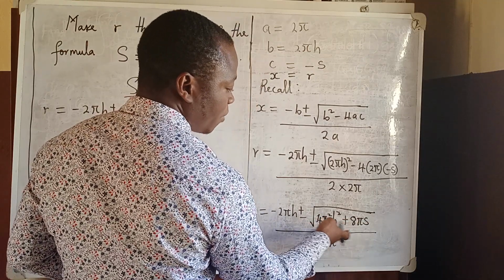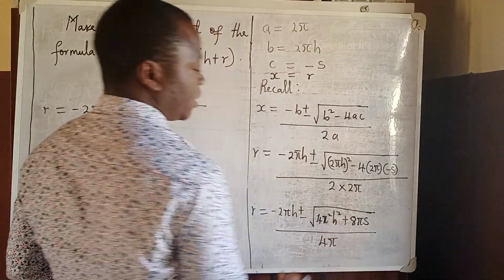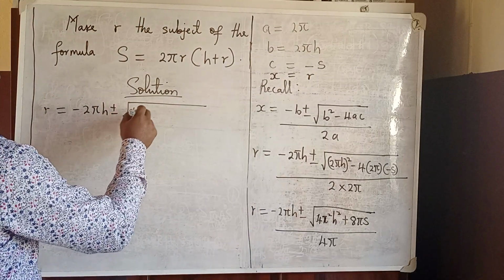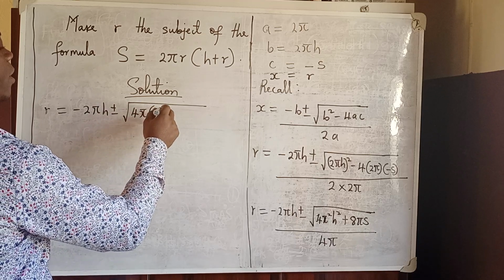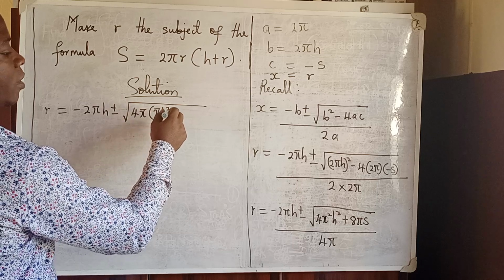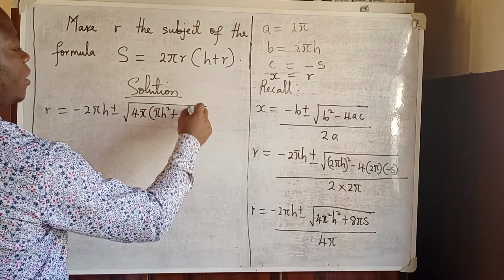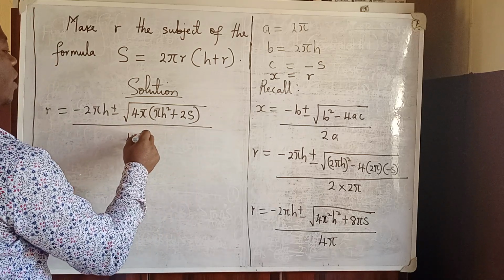We have 4 here, we have 4 here. We have pi here, we have pi here. So 4 pi is common, so we can factorize that. That would be 4 pi into pi h squared plus 2s, all over 4 pi.